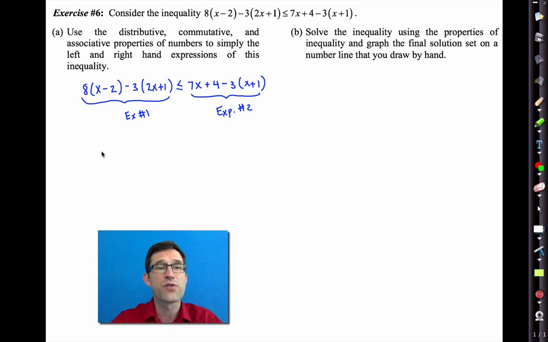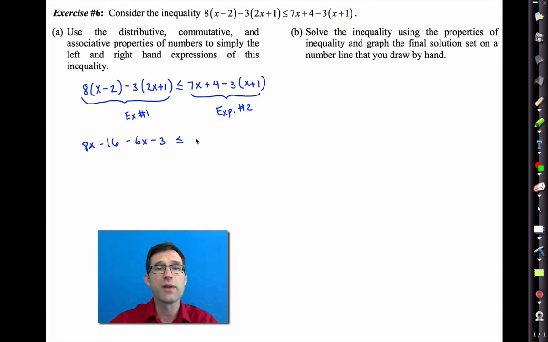All right, so first things first, let's use the distributive property. Let's distribute the 8 through the parentheses. Let's distribute the negative 3. Be careful there. Now you might say, whoa, we multiplied by a negative, we've got to switch the inequality. No. That's when we multiply both sides of the inequality by a negative, or divide both sides by a negative. We didn't do that here.